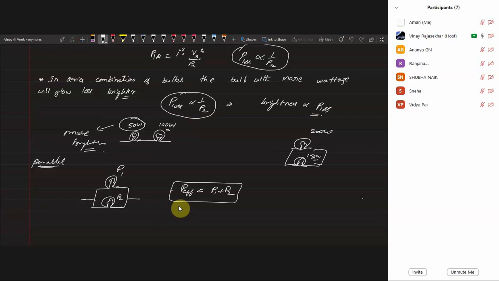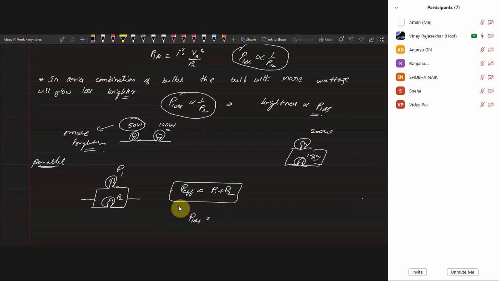Now power loss is equal to V square by R effective. But we know that V is equal to IR. Sorry, one minute.